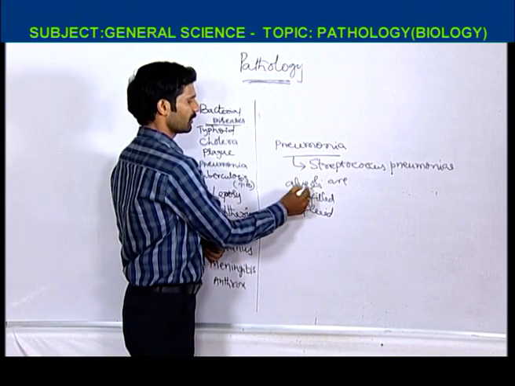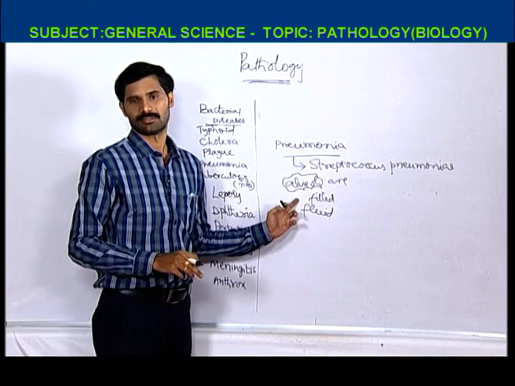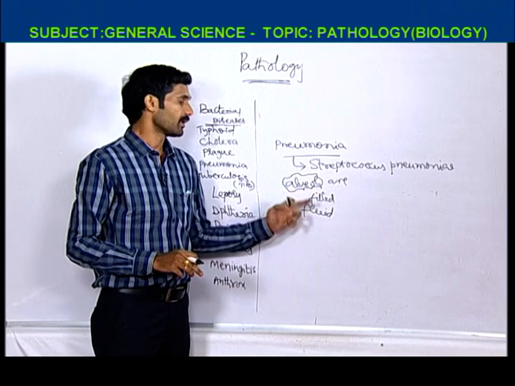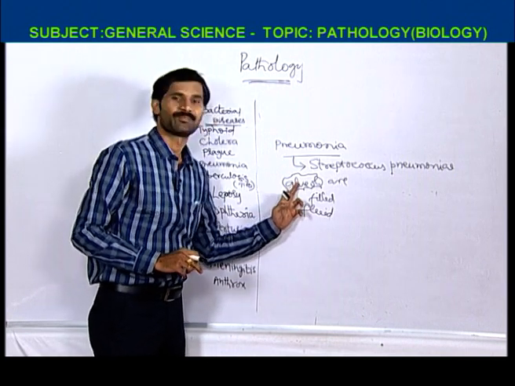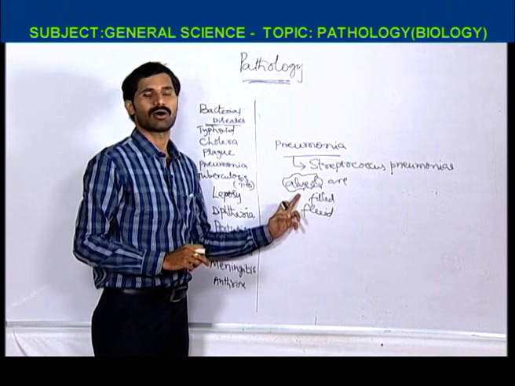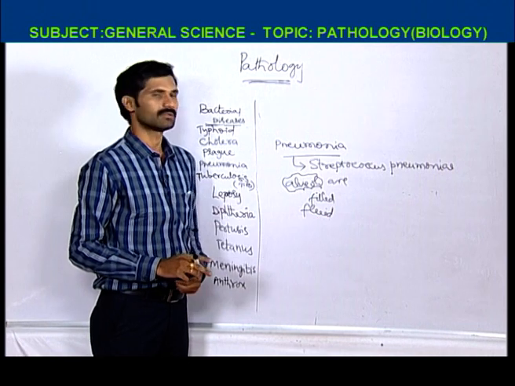What are alveoli? Alveoli are the structural and functional units of the lungs, where exchange of gases takes place, nothing but oxygen and carbon dioxide exchange. So here the alveoli are completely filled with water.